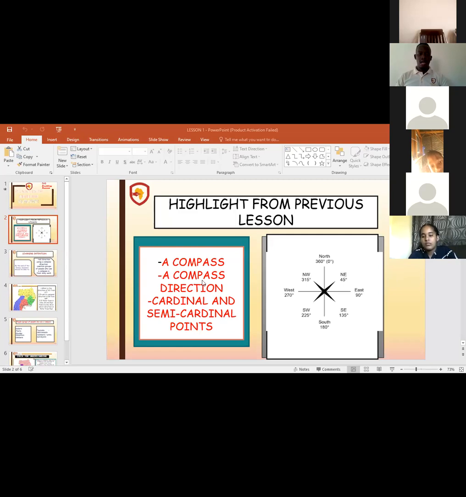Then we said a compass direction is a symbol that shows direction on a map. We looked at cardinal points and said that those are the major points of a compass. We even mentioned them: we have north, east, south, and west.